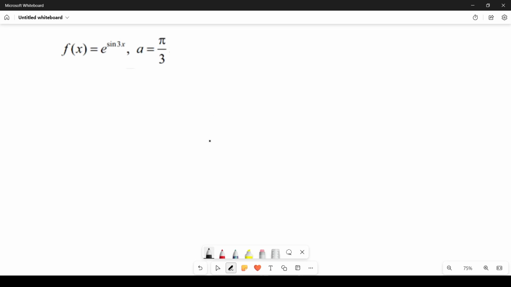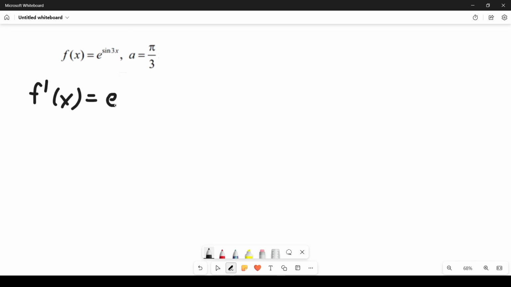Now what we're going to do is say how we're going to write the derivative, and here the derivative is equal to e, the number e, to the power of sine times 3x, which is the same number.